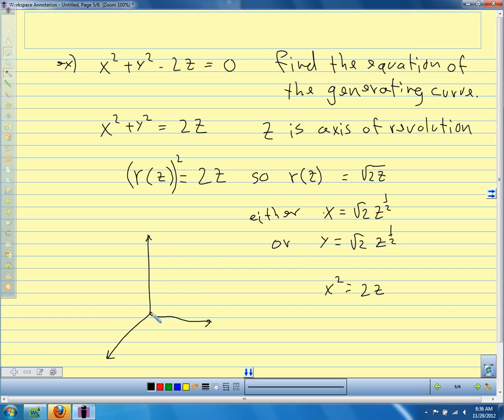So we end up with a parabola in our coordinate axes, and we revolve that around the z-axis, and we get a paraboloid. So this surface is also a quadric surface. This quadric surface is a surface of revolution, and it's a quadric surface. So we can think of it in two different ways, and analyze it in two different ways.